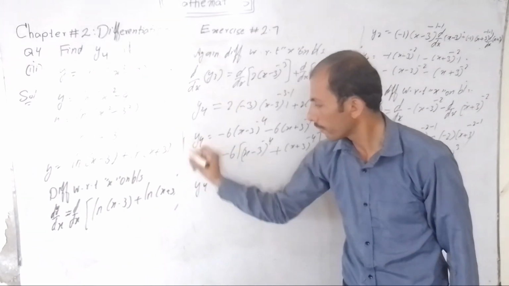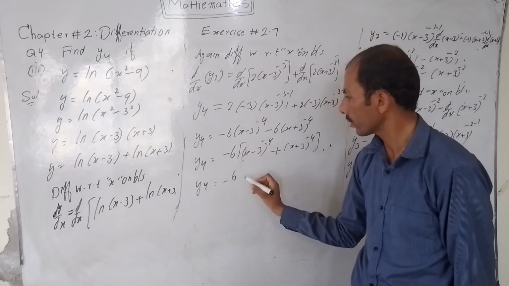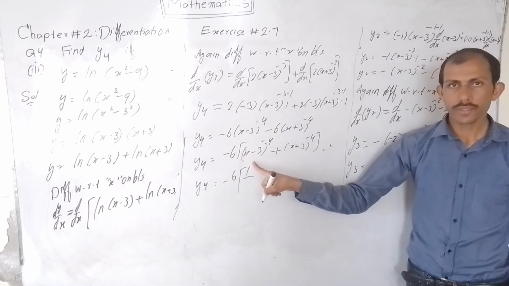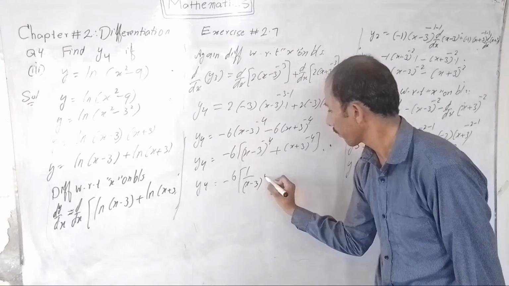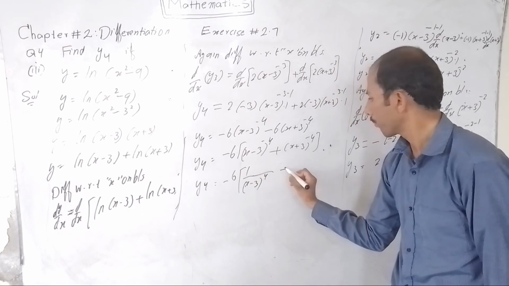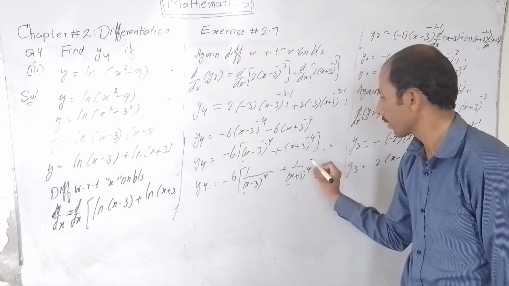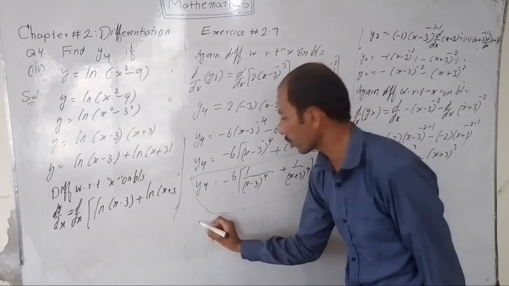So y4 is equal to minus 6 times 1 divided by (x minus 3) whole power 4 plus 1 divided by (x plus 3) whole power 4, which is the required solution.